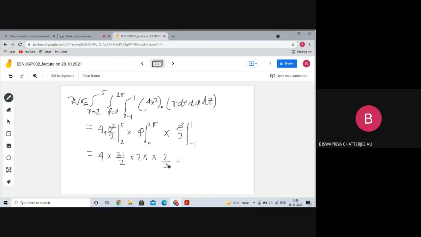So what is the answer? This 2 cancels. It is 7. So 4 into 7 into 2, 56 pi. So as it can be seen, the right hand side is also coming out to be 56 pi. So in this way, the statement of the divergence theorem is verified.